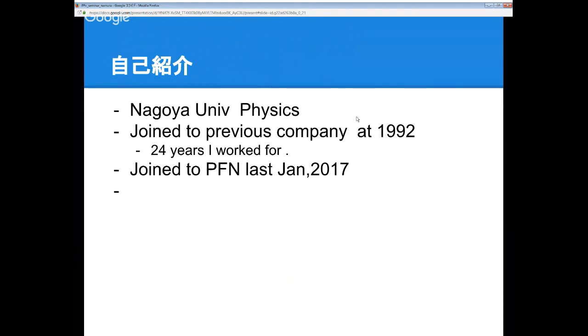The previous company celebrates an anniversary when we work for the company about 25 years, and they give 1 month vacation to celebrate.